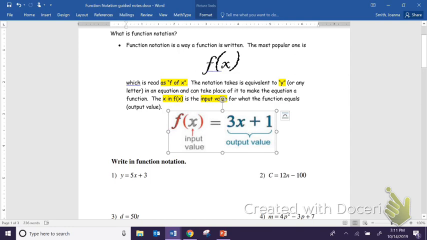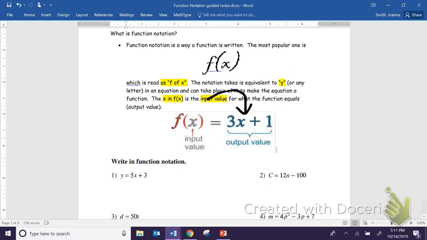Your input value, which is x, goes into this x right here. Let me highlight it. Ready? This x and this x, they're the same. When you plug in the input value for this x, you'll get a new output value.